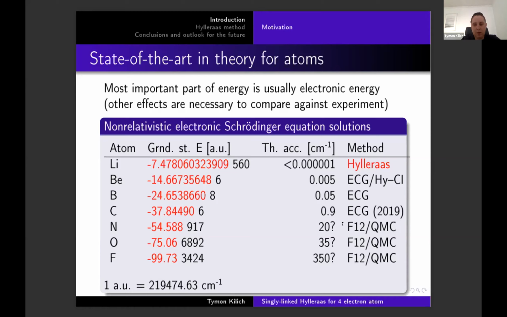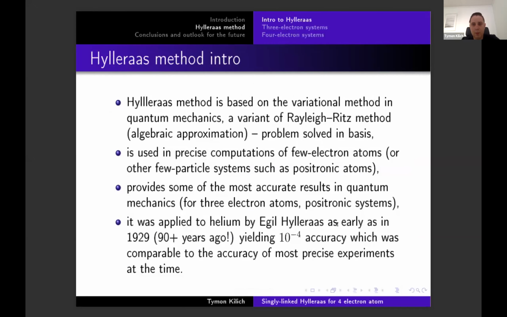And the most accurate calculations at the moment that I found come from either F12 methods or quantum Monte Carlo. Basically, first things first, so about the Hylleraas method. It's not a new method, it's a quite classical method. It's a variational method. We solve the problem in a basis set.